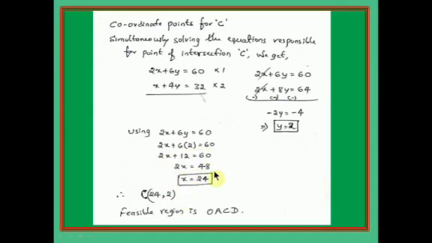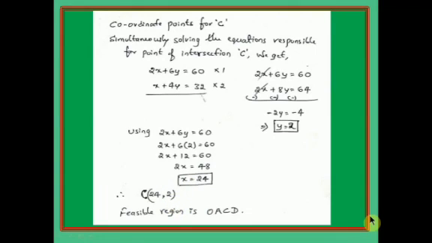Then 2x is equal to 60 minus 12, which becomes 48. x equals 48 divided by 2, x equals 24 will be the x coordinate value. Since the procedure is to write x comma y values, first x is written as 24 for this C, and then the remaining y is equal to 2 has to be written, and then close the bracket.